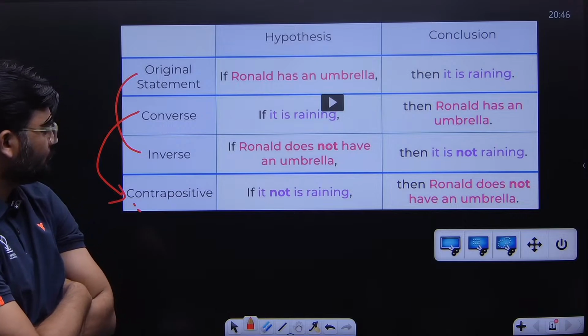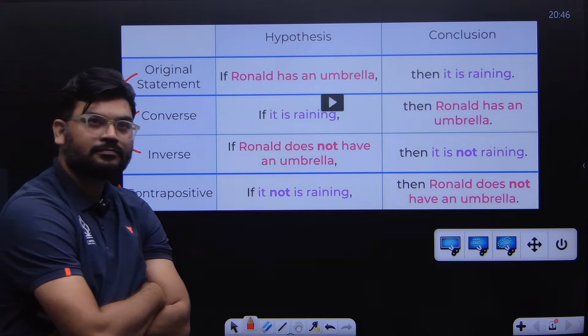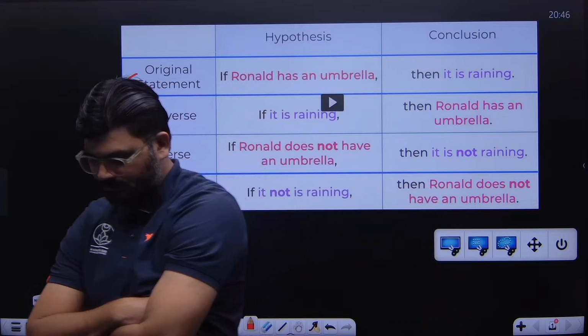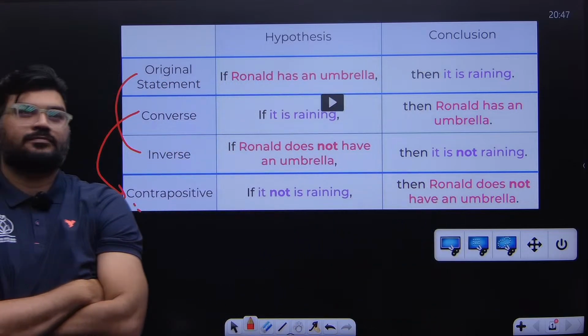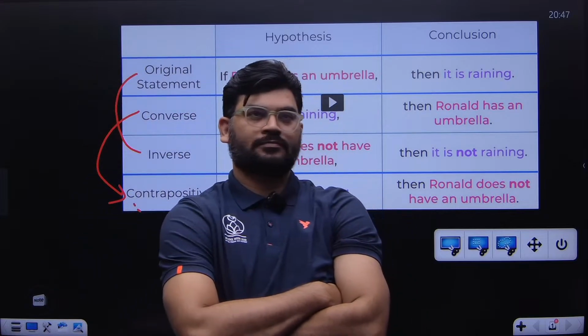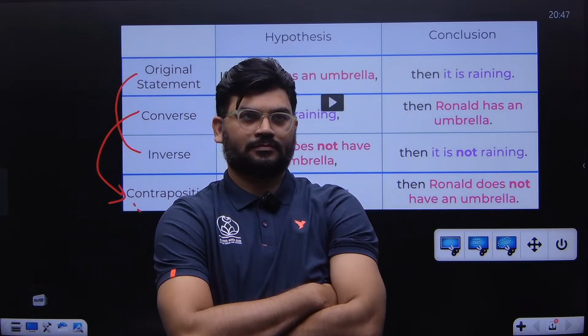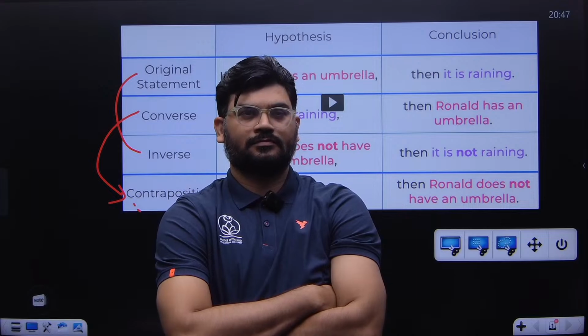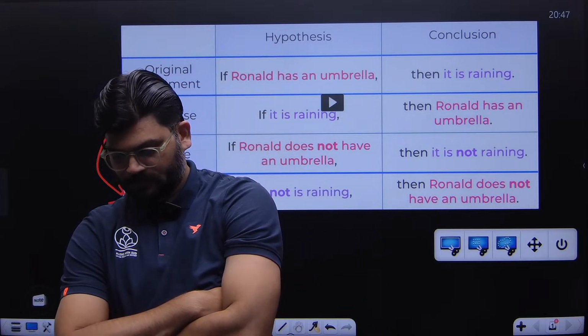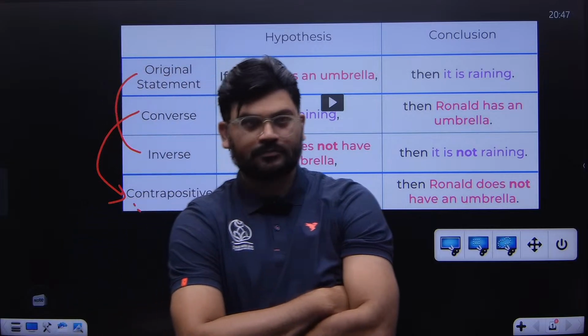Let's take a look at our final example. We have the conditional, if g is greater than or equal to 7, then g is less than or equal to 9. Is the contrapositive of this conditional true? Well, we're used to seeing our conditionals written as sentences, so let's do that here. Our hypothesis is g is greater than or equal to 7, and our conclusion is g is less than or equal to 9.